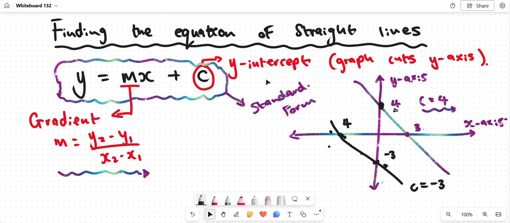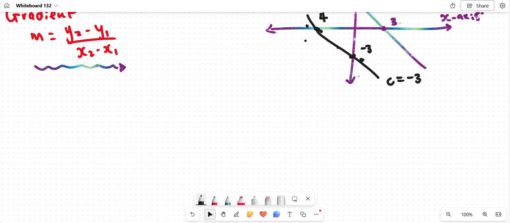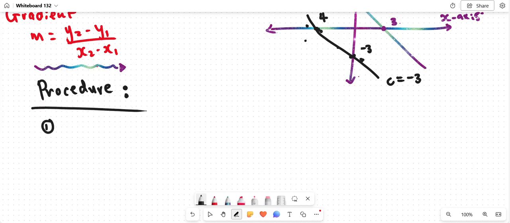So let's have a look at a couple of examples. But before we look at examples, let me give you a quick procedure of what we're always going to do when we're given these types of questions. The first thing we need to do is find the gradient. I use find there, but actually we are calculating the gradient.